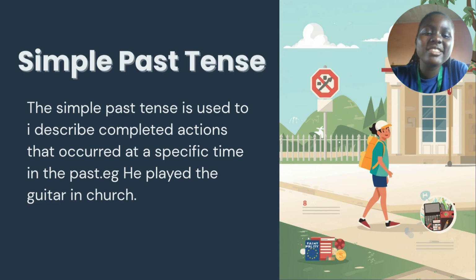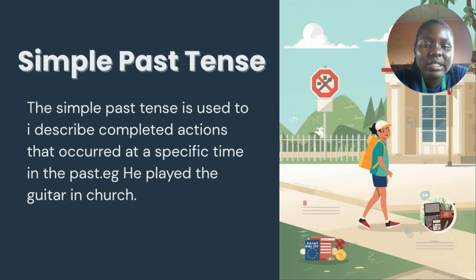Now, in the last slide, we just looked at the overview of the aspects. Now we are discussing it properly in this slide. The first is simple past tense. The simple past tense is used to describe a completed action that occurred at a specific time in the past.